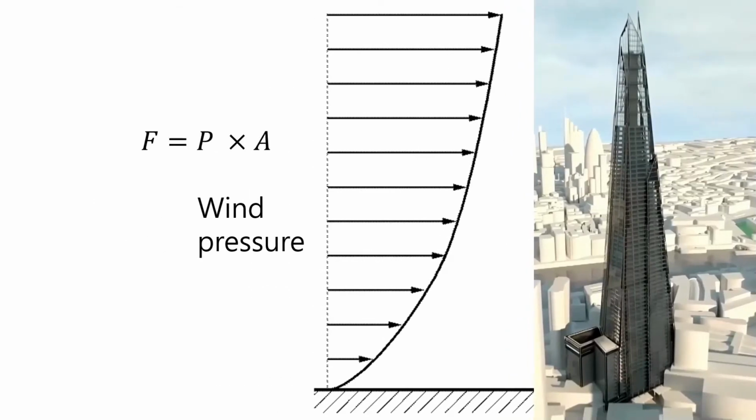The shape of the Shard is good in terms of wind pressure. The higher the building goes up, the smaller the side area of the building becomes, and force is the multiplication of pressure and area. So, the lateral load isn't getting much bigger.